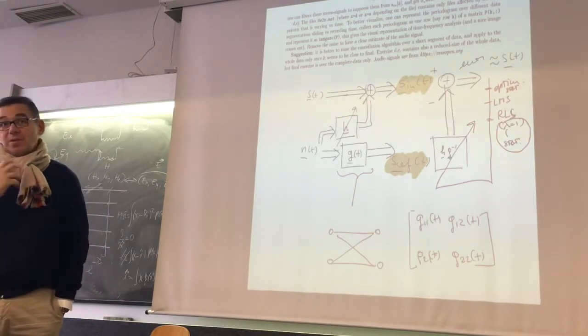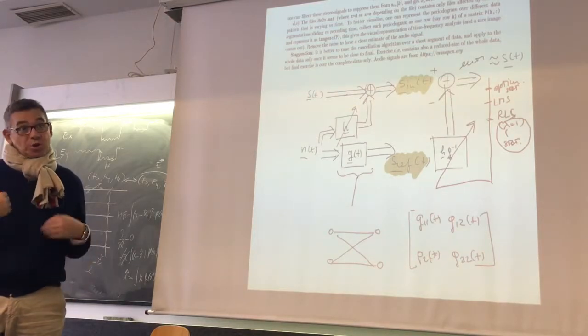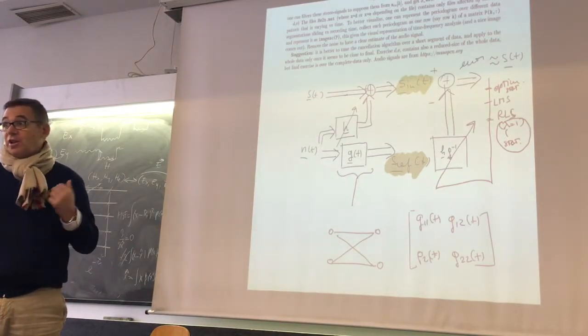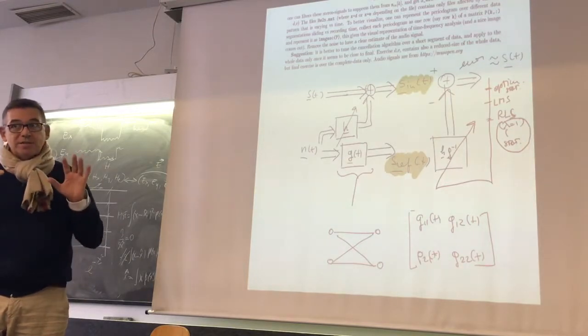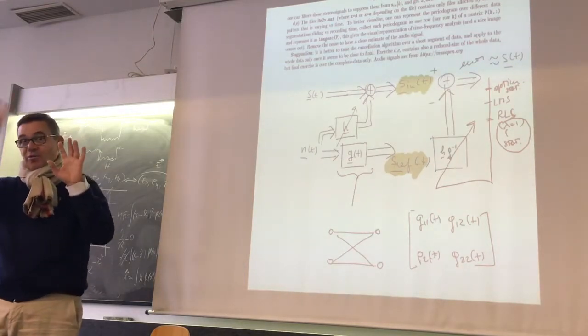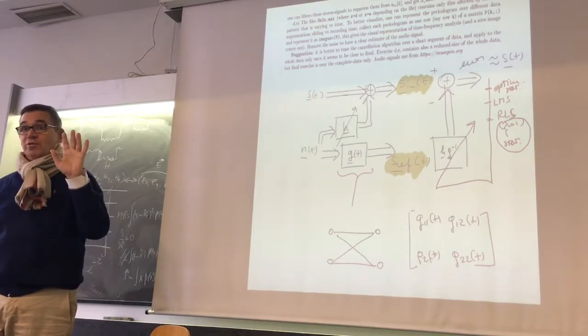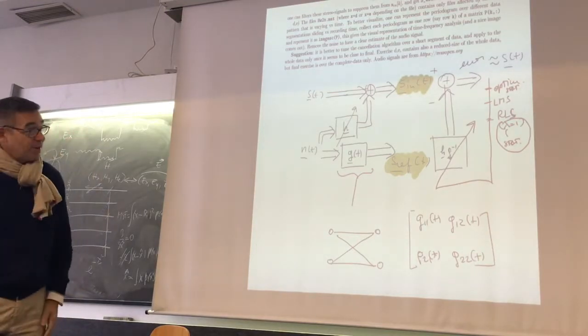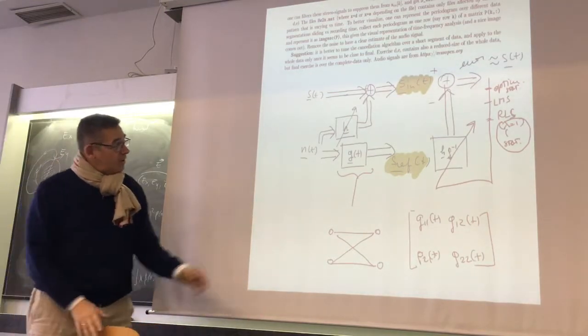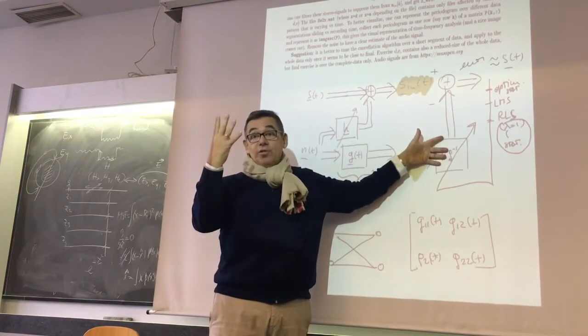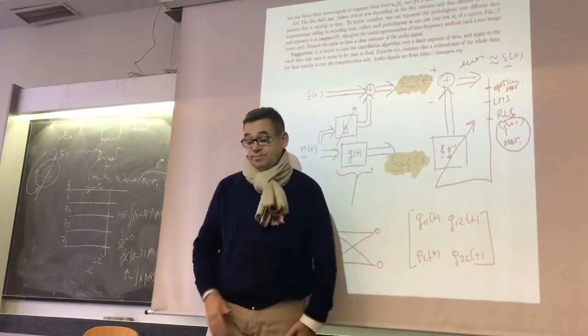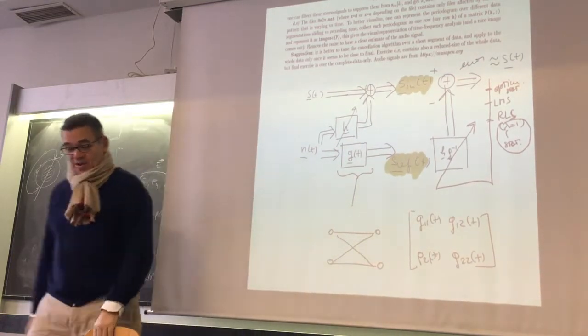So that means that you need to generalize what you learned to the case of 2 by 2. And when I say 2 by 2, it means that the convolution matrices are 4: 1, 2, 3, 4, right? Remember that. So you have 4 filters.